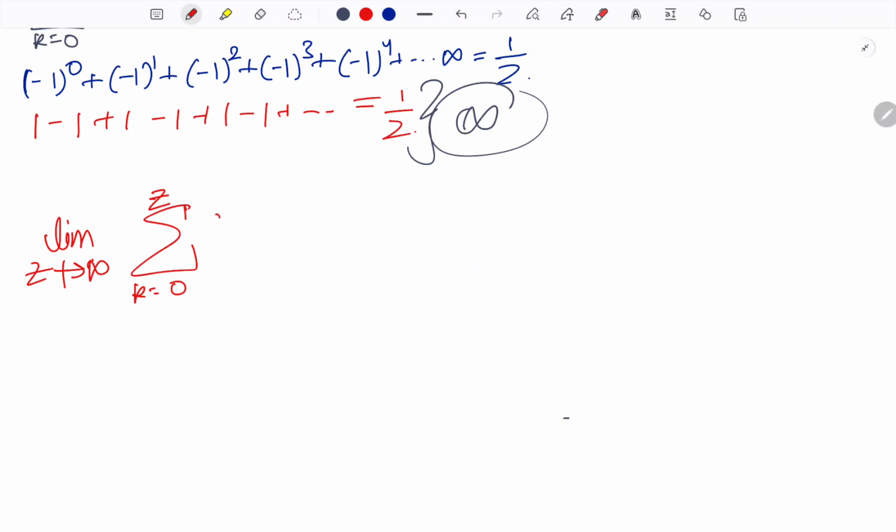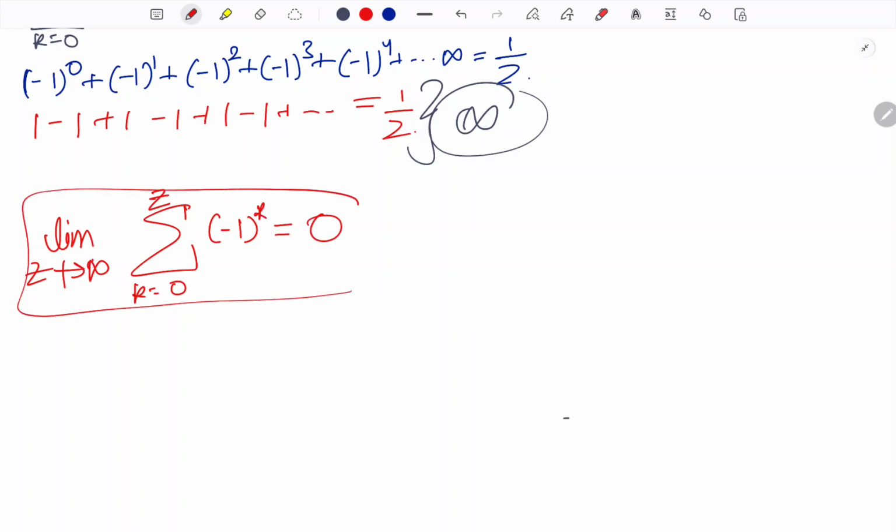And (-1) to the k, so it is 0, because some of you would say it doesn't mean anything. So z is a constant, z is not tending to infinity. Let me just tell you that.